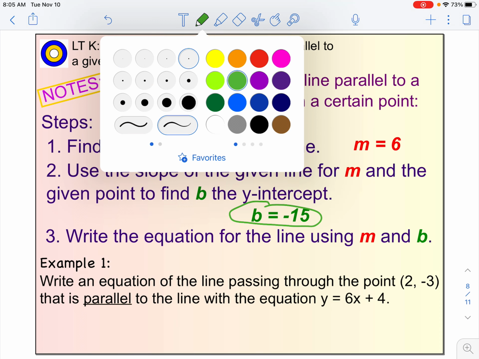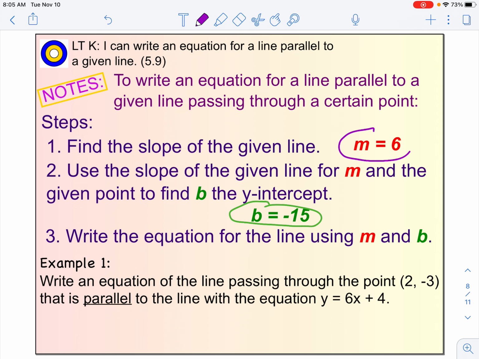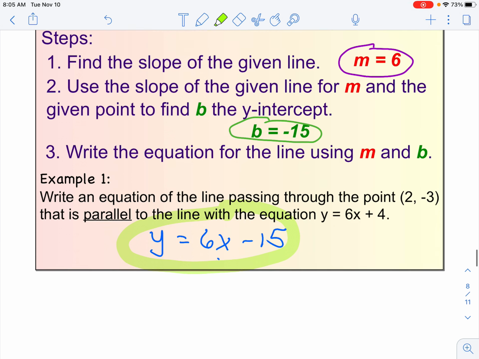All we need to do is write the equation using the slope and the y-intercept. So the equation of this line then would be y equals 6x minus 15. And there is your answer.